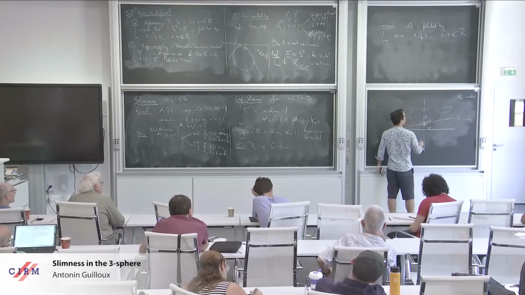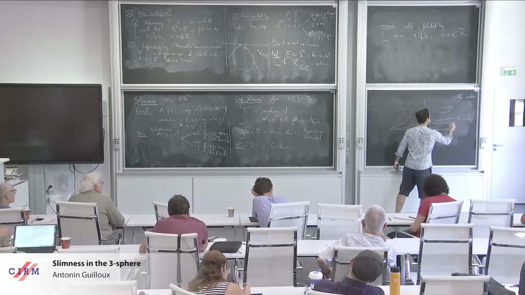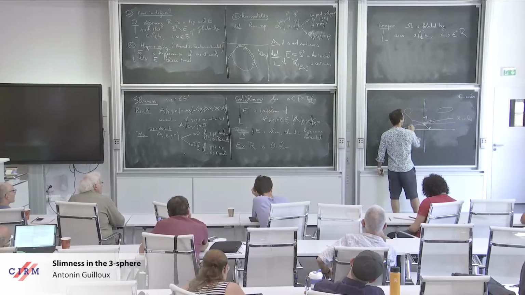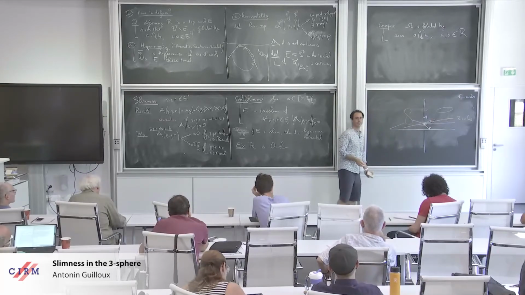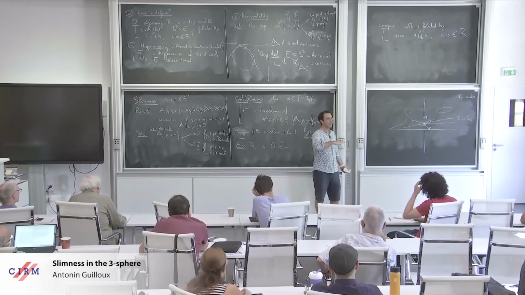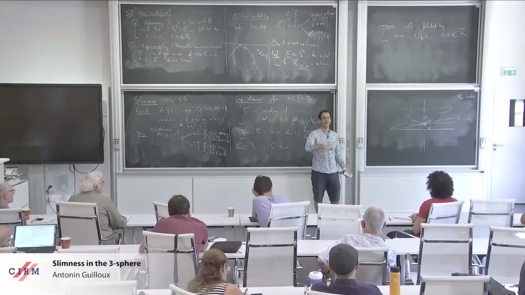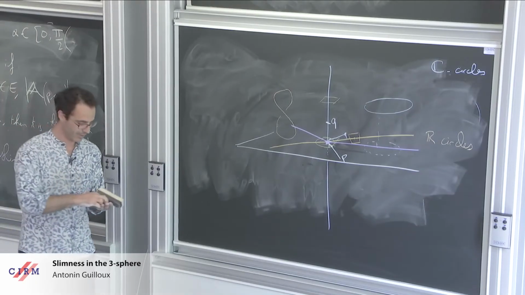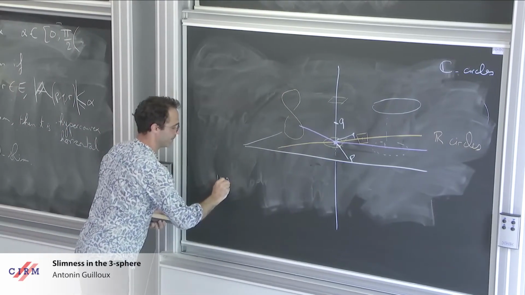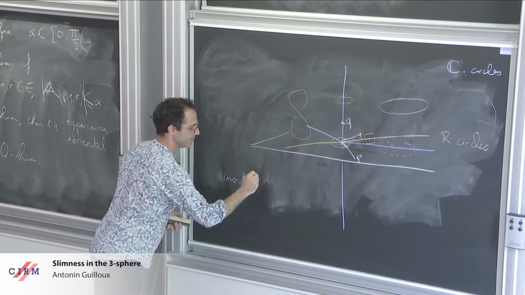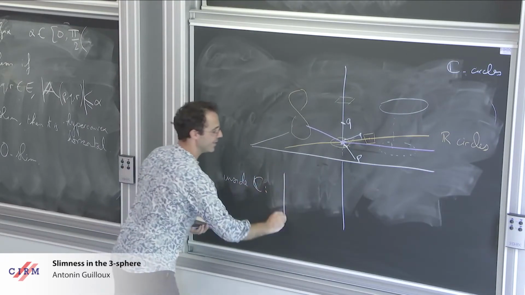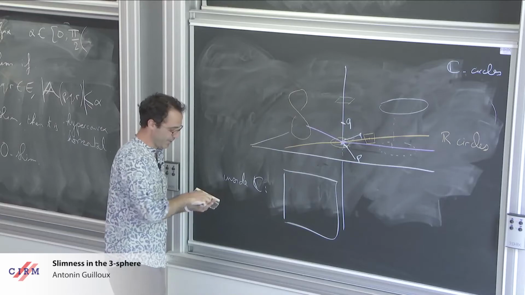I can look at what I call bent R circles. So those are the union of two half lines inside C. Let me do a proper picture in the plane.